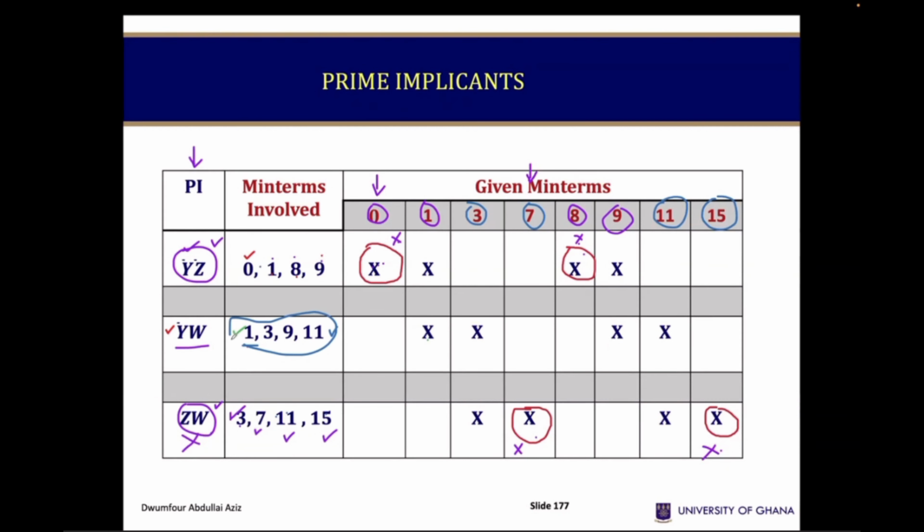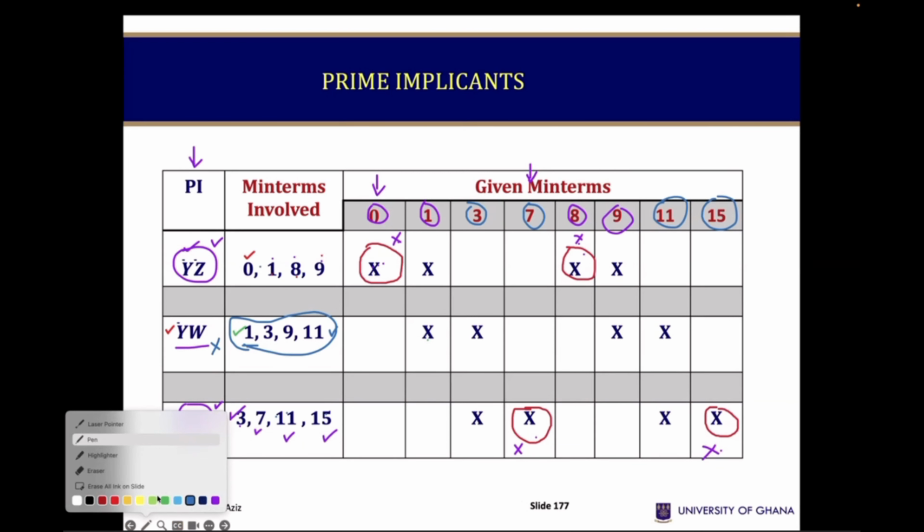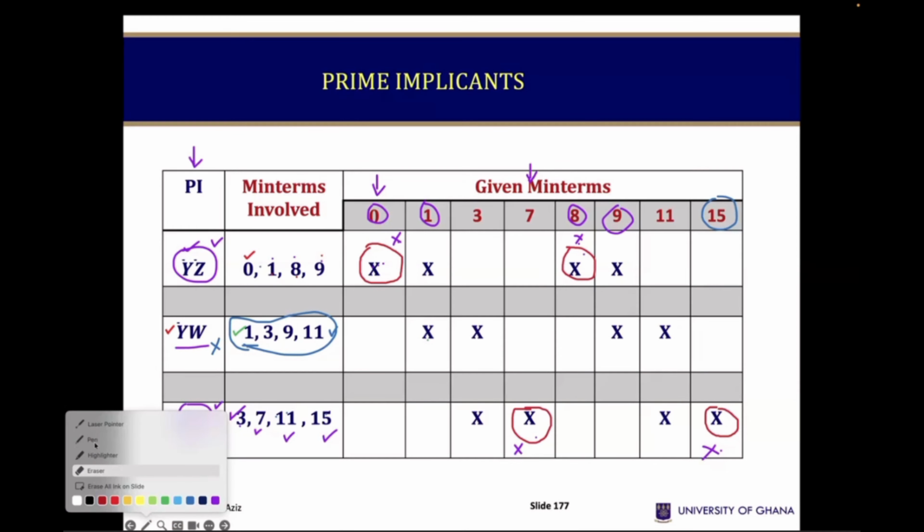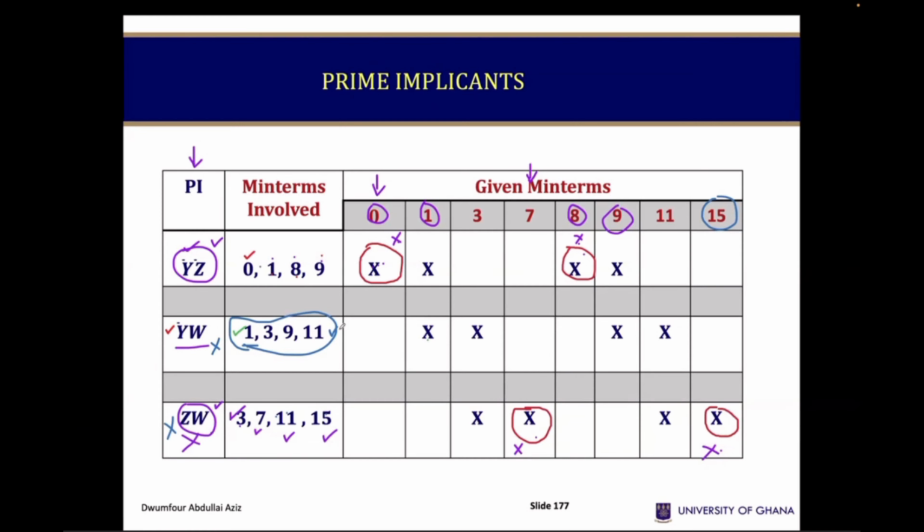And if we were to drop this and rather consider this as the prime implicant, what do we think would have happened? What that meant is that we remove this, we remove this, we remove this. Now, if we had dropped this guy and taken this, for instance, it means that we need this to cover the rest of the mean terms left.